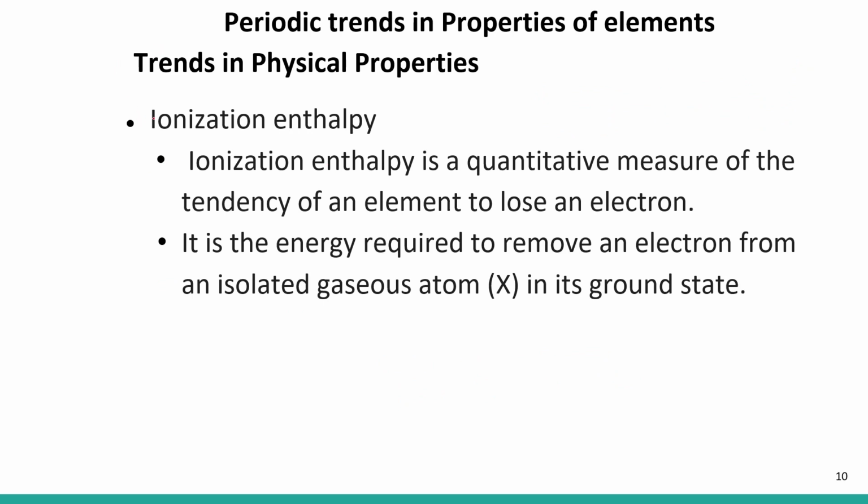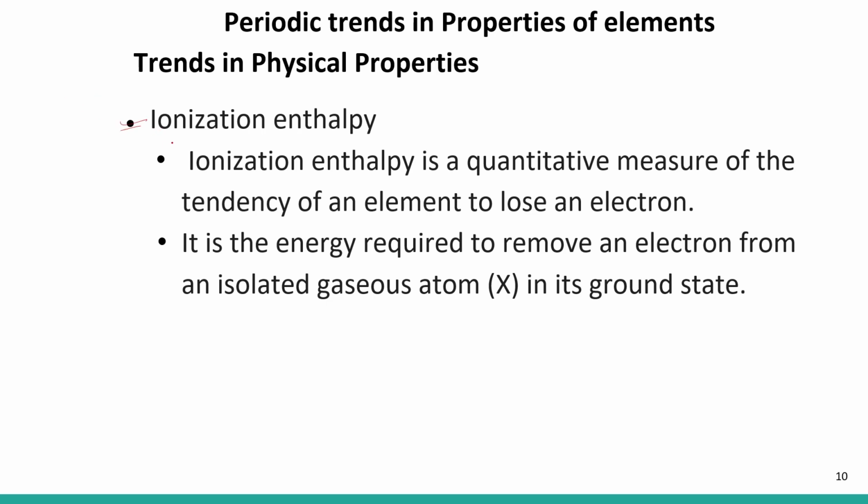Now, you have seen in the atomic radii case that we are adding electrons and removing electrons. So first we will consider the removal of an electron. If we remove an electron from a neutral species or from a charged species, we will need some force to do so.